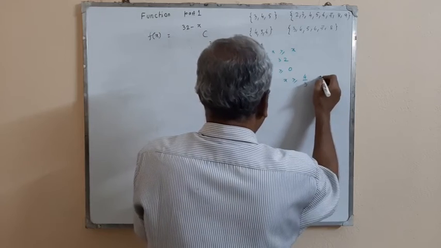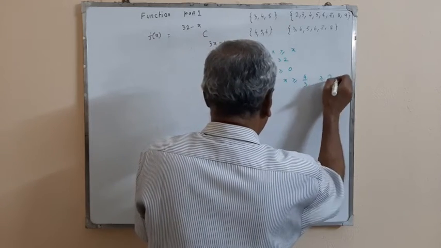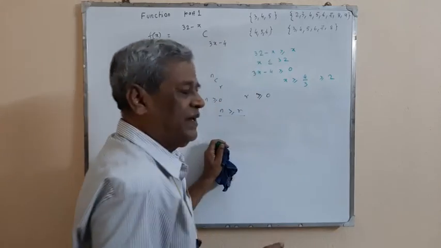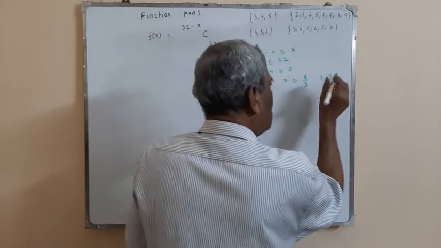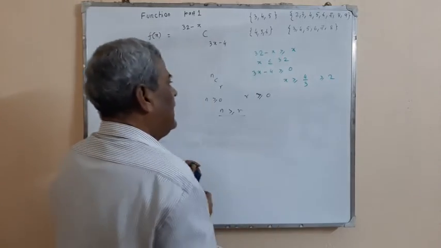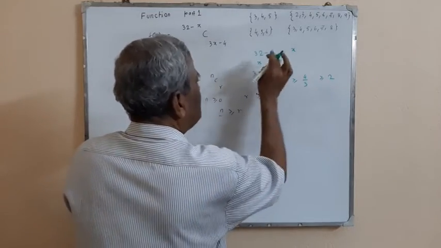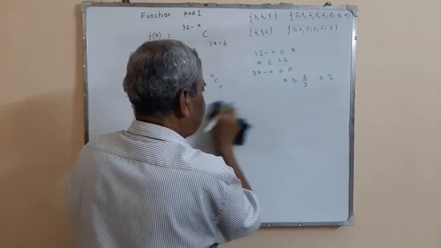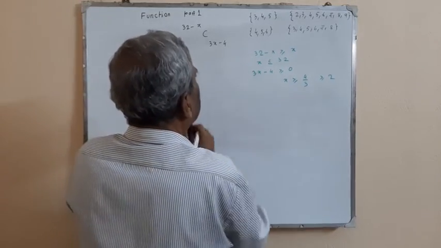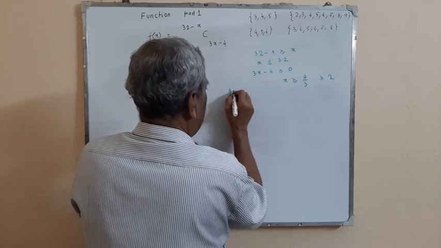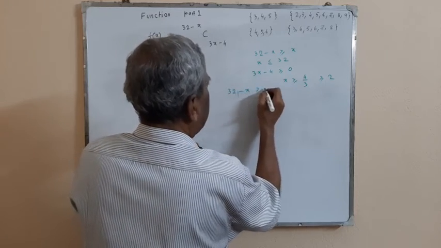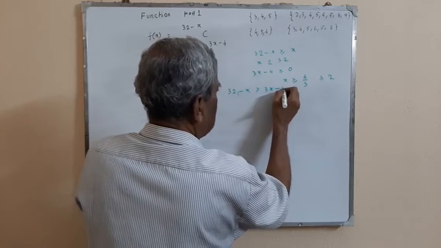That is, it is greater than or equal to 2 because x cannot be a fraction, it is 1 point something, so it is 2 or more than 2. And thirdly, n is greater than r, that is, we must have 32 minus x greater than or equal to 3x minus 4.